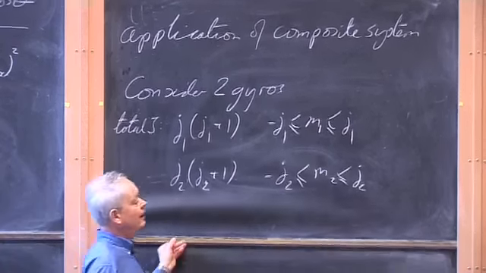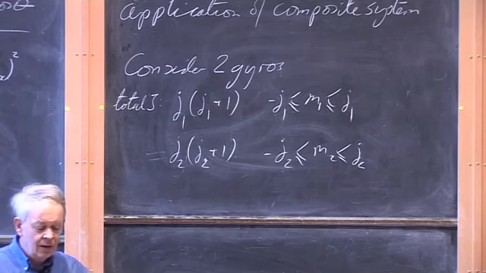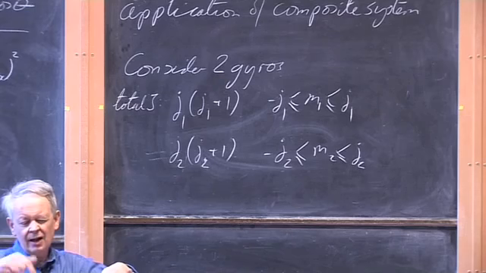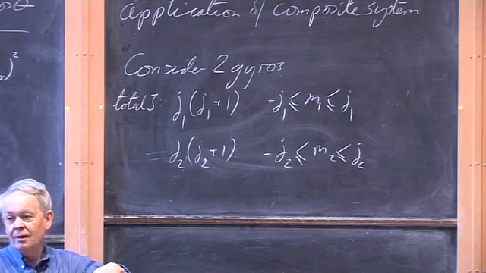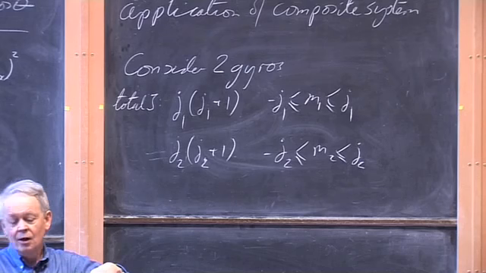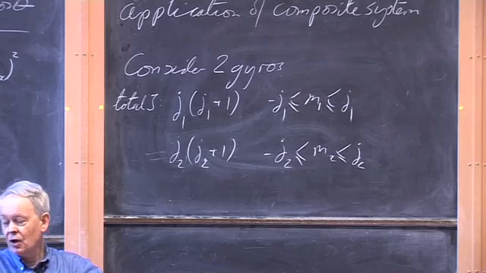What we will find is that when the box has well-defined angular momentum, if you open the lid and ask what happens if I look at the angular momentum of gyro 1, I will get a variety of different answers. It will be uncertain what I'll find for gyro 1. And gyro 2 will have an angular momentum which will be correlated with gyro 1.